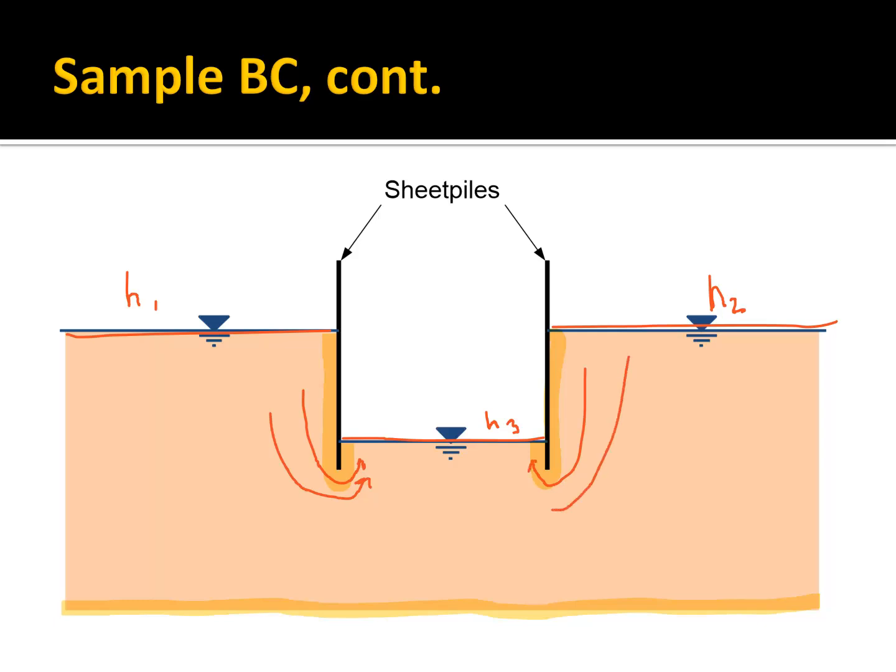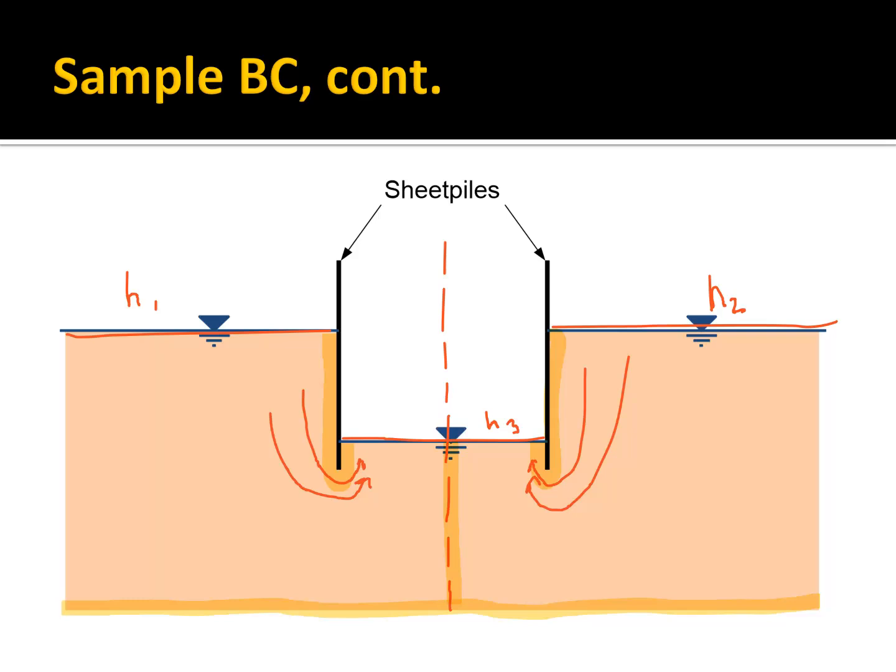Now something else is kind of interesting about this one. If we were to draw a line right down the center of this problem, I'm trying to do a dashed line here, okay? We could basically split this problem in two and make this middle line a no-flow boundary condition.